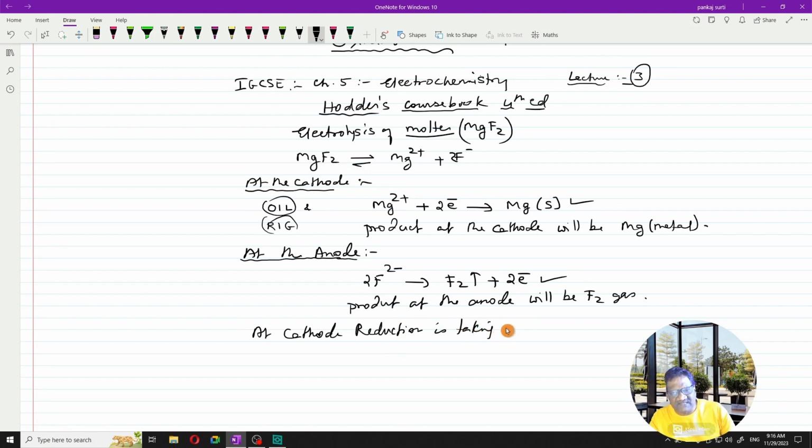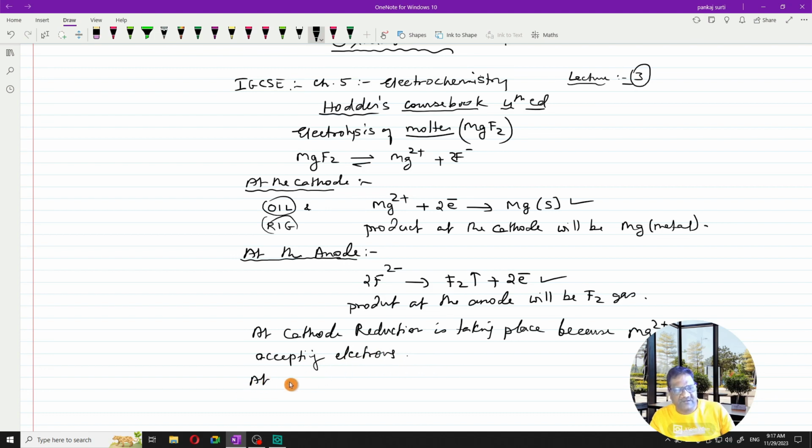It's always like that. Always at the cathode there will be reduction. The reason you also have to write is because the magnesium ion is accepting electrons, you can say gain of electrons.